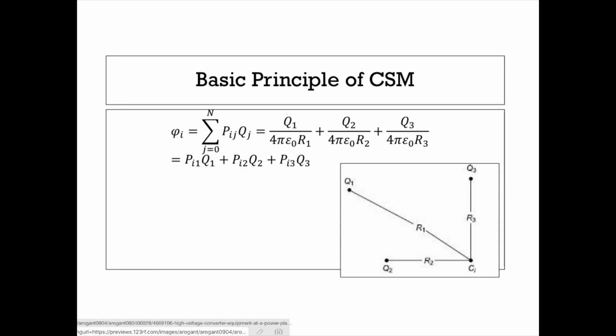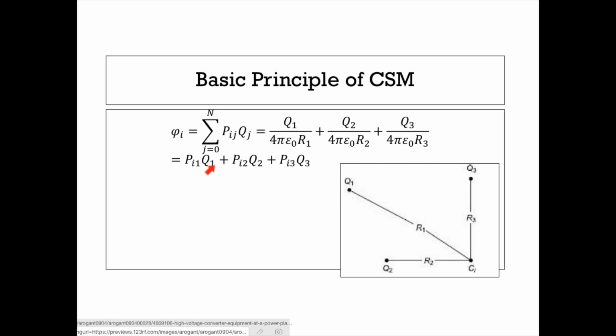So phi I is a potential at point Ci, so it will be a summation of potential due to Q1, Q2 and Q3. So we can write this expression: Q1 upon 4 pi epsilon 0 R1, where R1 is a distance between the point Ci and the point Q1, and Q1 represents the charge at this point. Similarly, we can write other two terms.